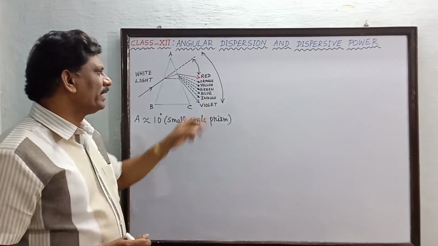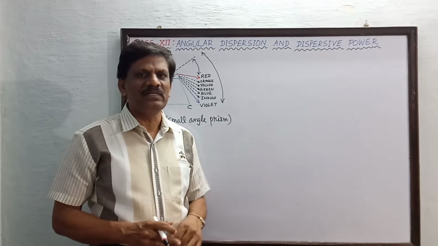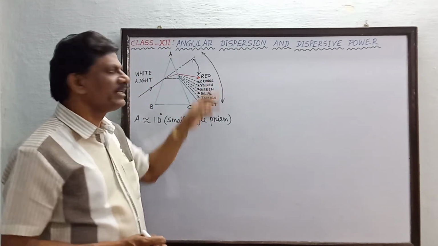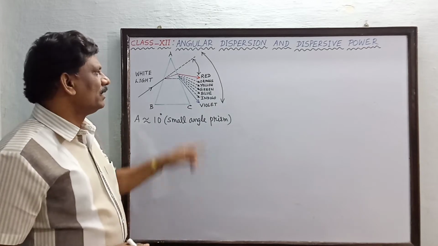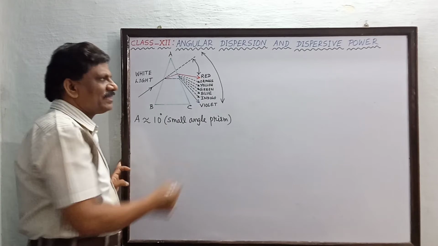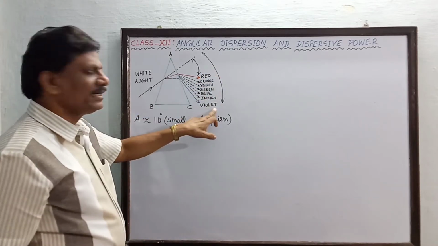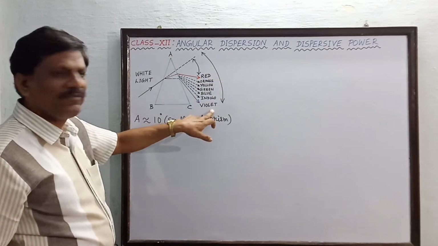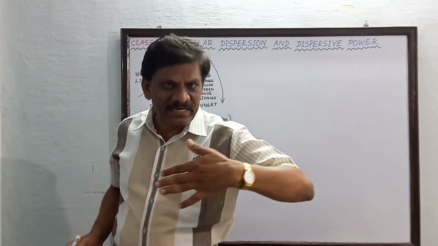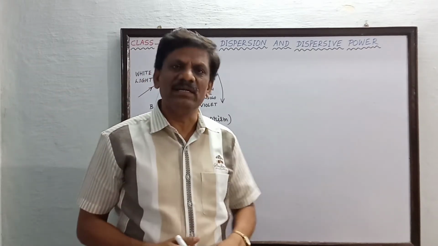We remember it by the acronym VIBGYOR, is it not? Violet, indigo, blue, green, yellow, orange and red. And also we can see that these emergent rays, the extreme colors red and violet, have deviated from the original direction through some angle.